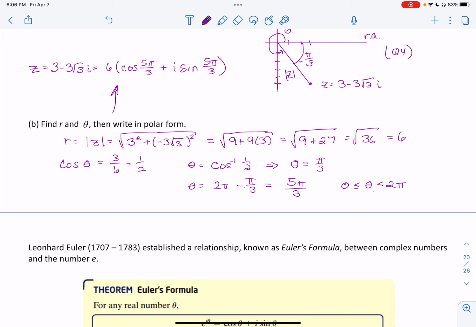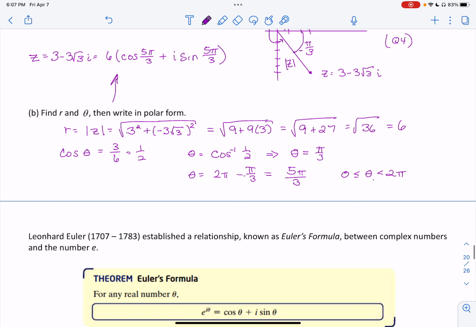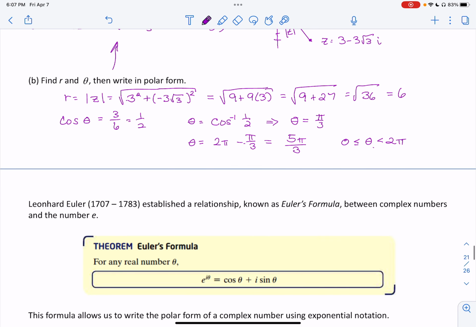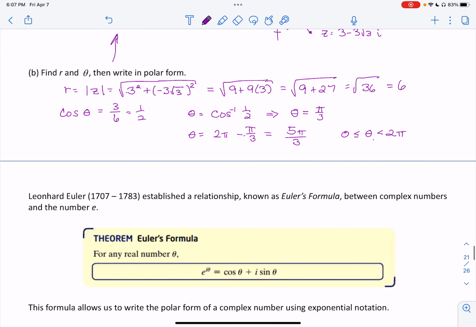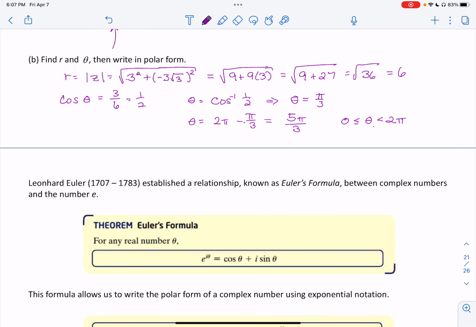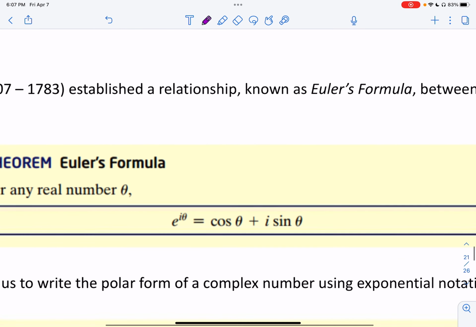If we look at Leonard Euler, who established a relationship known as Euler's formula between complex numbers and the number e, another reason to like e's. For any real number theta, then e to the i theta is equal to cosine theta plus i sine theta.